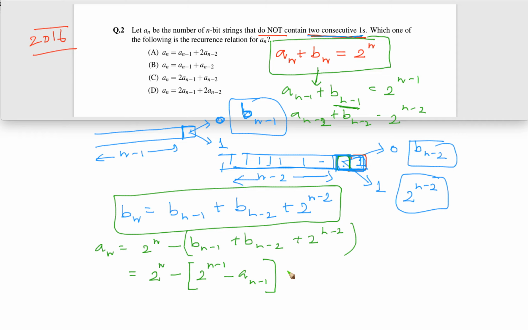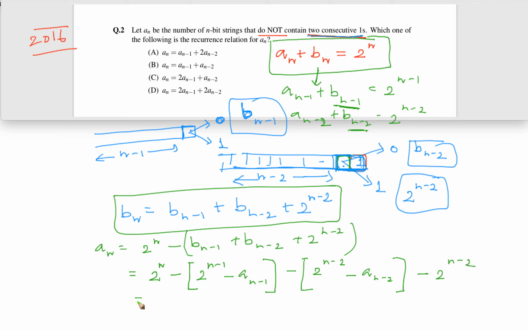Minus b n minus 2. See, this b n minus 2 can be written as 2 raised to the power n minus 2 minus a n minus 2. Got it? And then minus 2 raised to the power n minus 2.